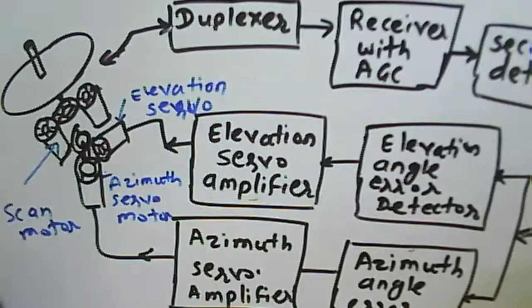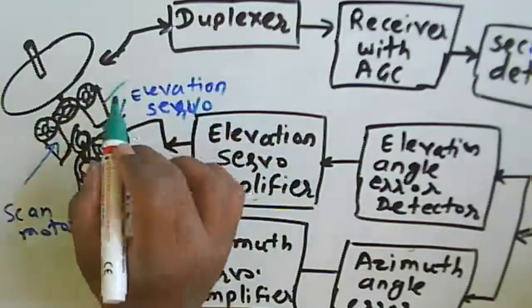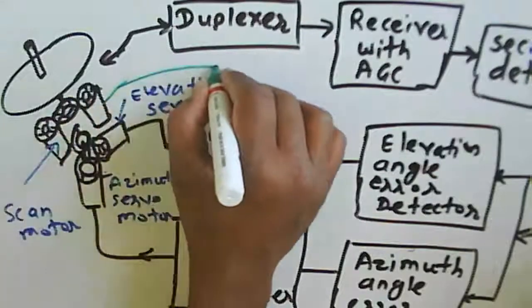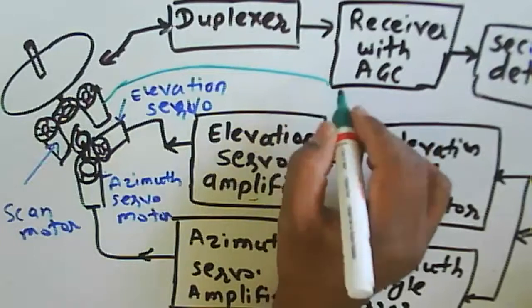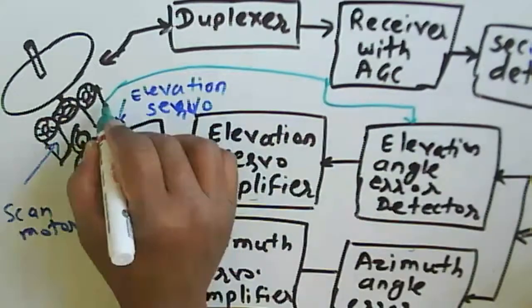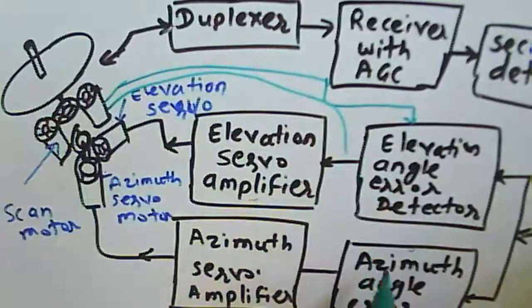Whatever the reference signal generated through the motor is through the scanning, and that reference signal will be the input given to the elevation angle tracker, as well as to the azimuth angle tracker.